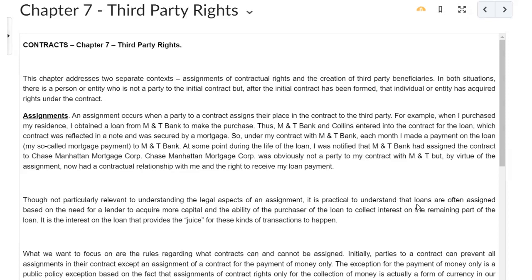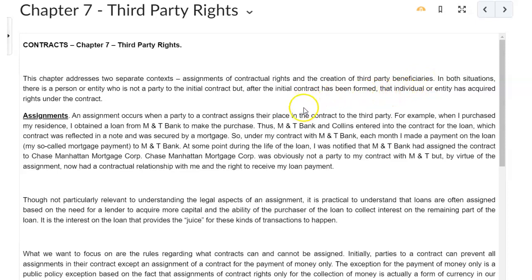And we have two different areas where we can find these third-party rights. One would be assignment of contractual rights, and the second would be the creation of third-party beneficiaries.